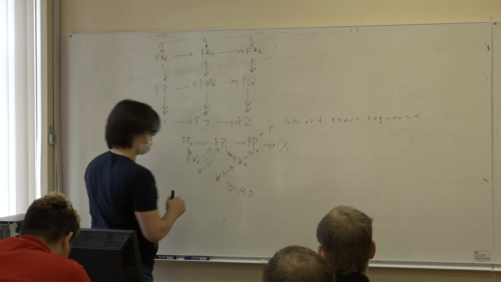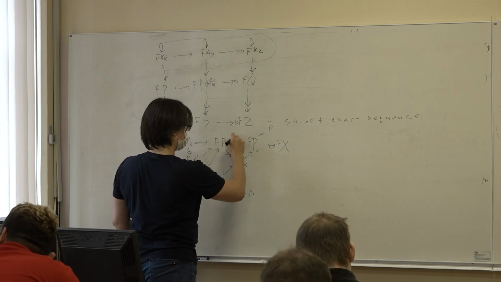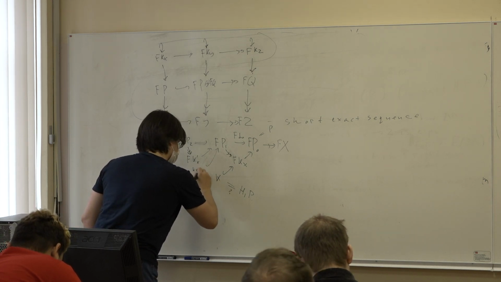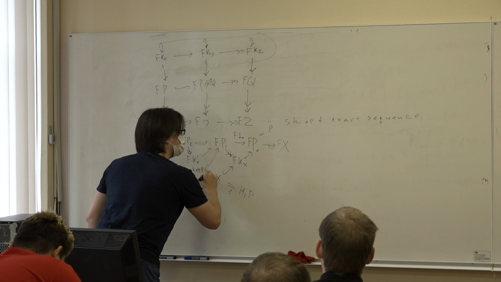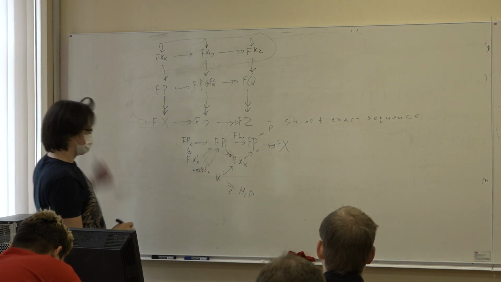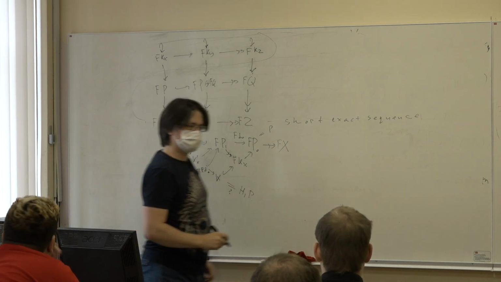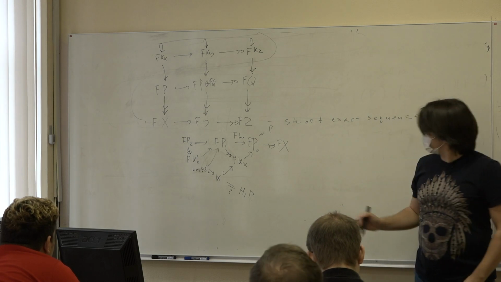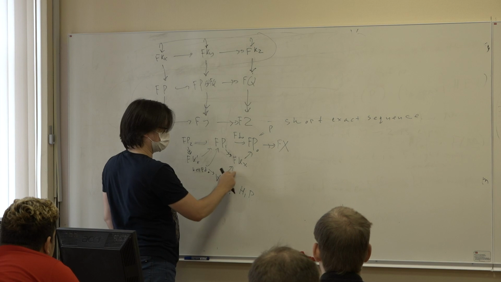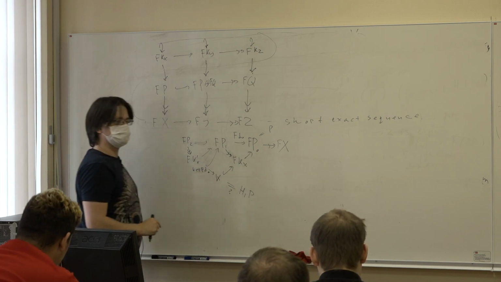It would be k prime. Here f0. And we have a map from here to here, because this is the kernel of this map. And if you take this composition, we get 0.